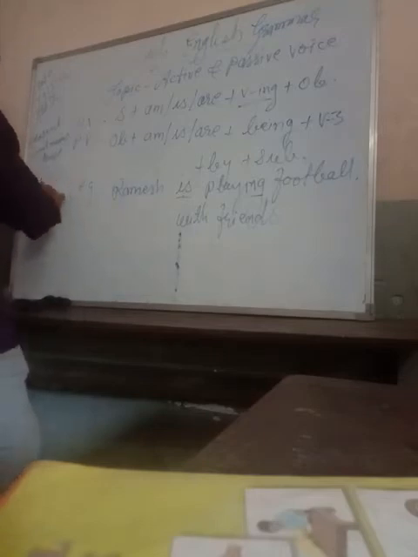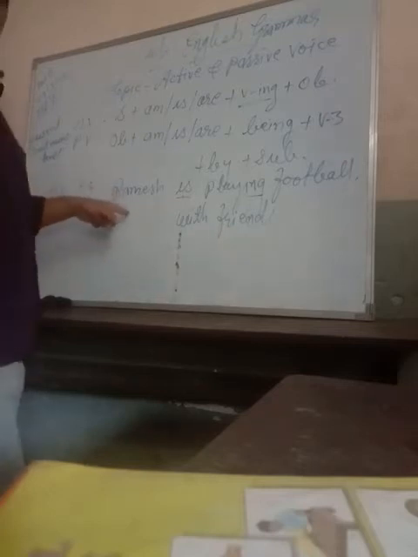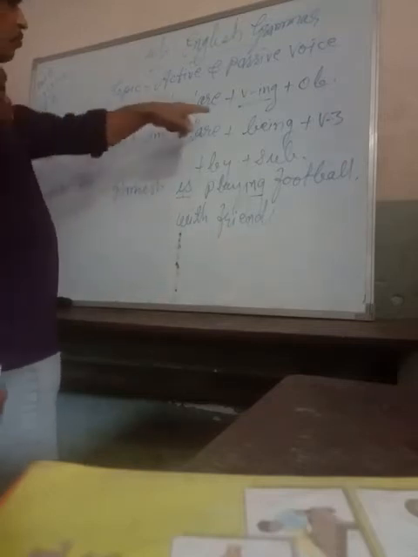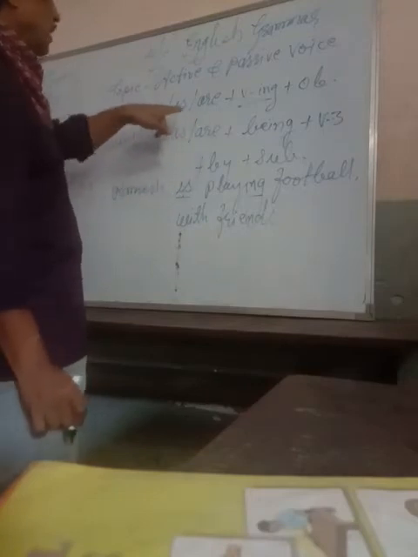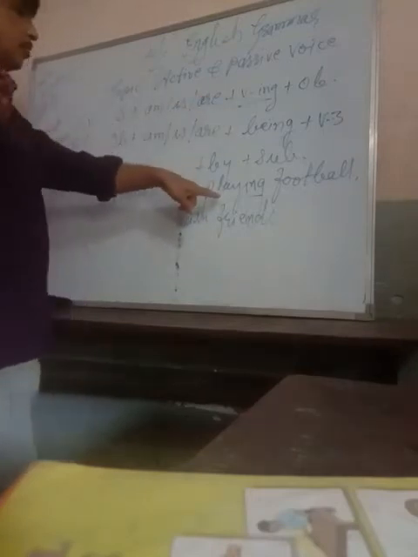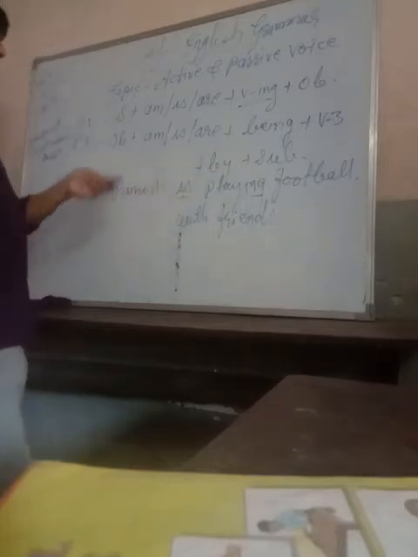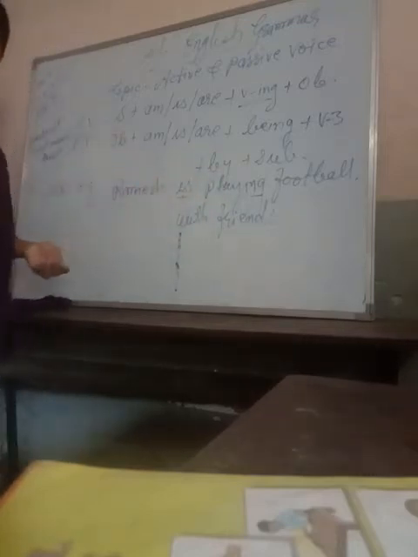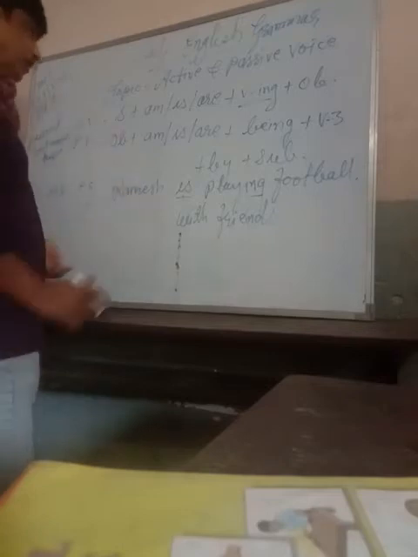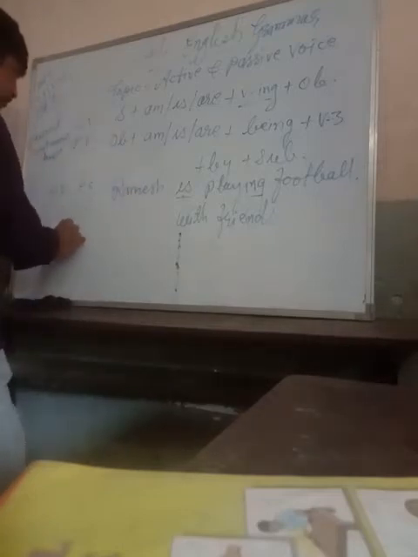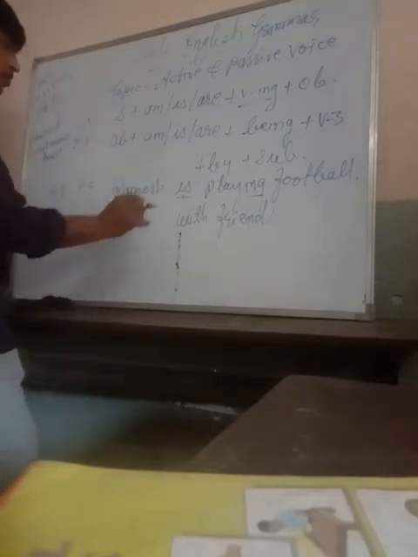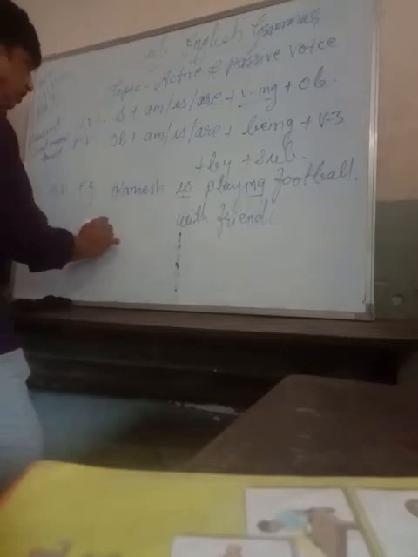So when such a type of sentence is converted into passive voice, because it is an active voice, because obviously we can see that the ing form of the verb is found in the sentence with the to be form. So it is an obvious case of active voice. When it is converted into passive voice, first of all we have to take the object, football.